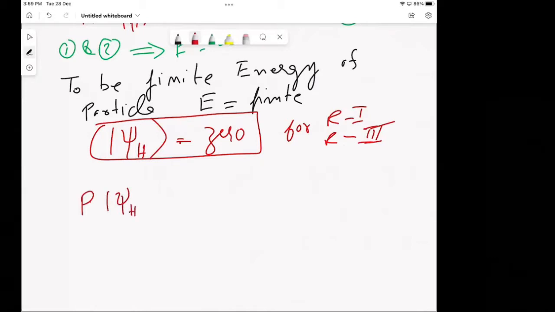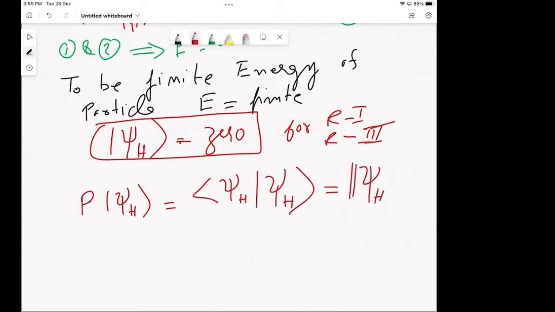I have already explained, it is psi dot product with psi. This is the probability, and when psi is 0, this becomes 0 multiplied by 0, so it will be 0. So the probability of finding the quantum particle in region 1 and region 3 will become 0.